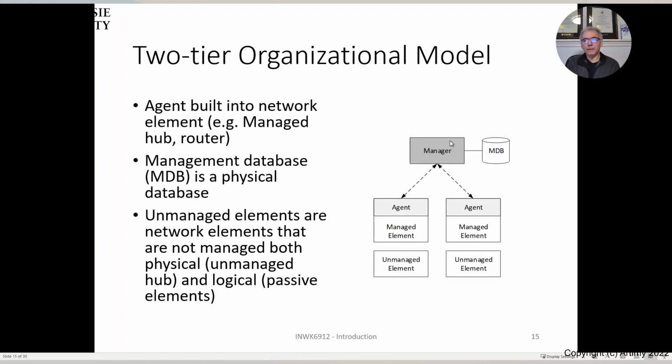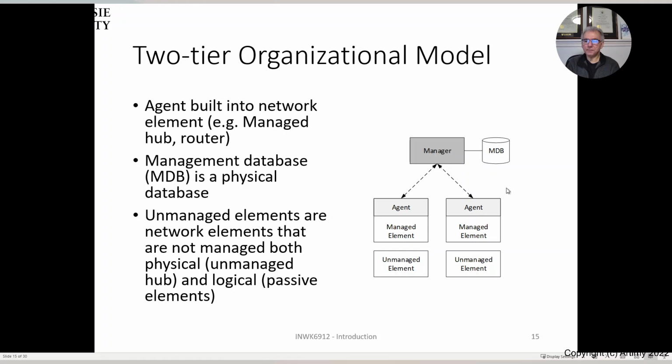We will call that model the two-tier organizational model. All right. And why? Because of course the manager does not just manage one element. That's not efficient in a large network or even a small network. There are multiple devices that you need to manage.